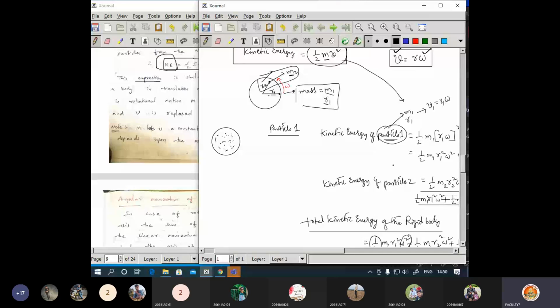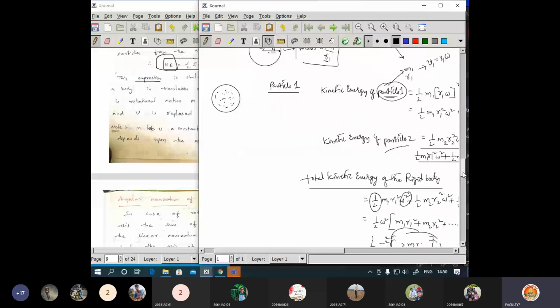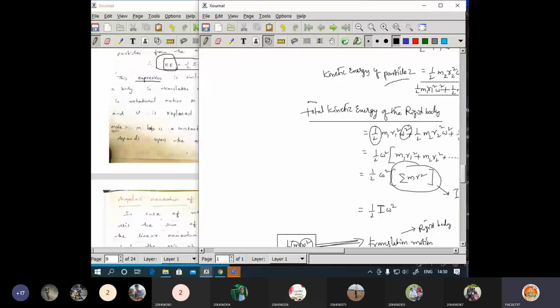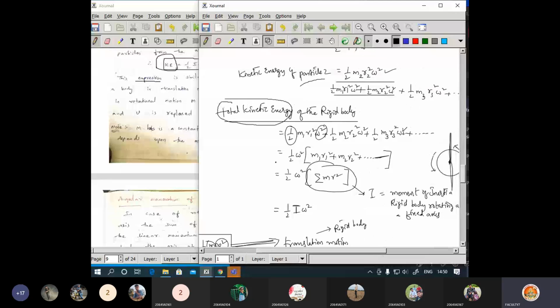Then considering the second particle and the large number of particles, the entire body will have a large number of particles, so you just add all the kinetic energies. This is for the first particle, the second particle, the third particle, and so on.